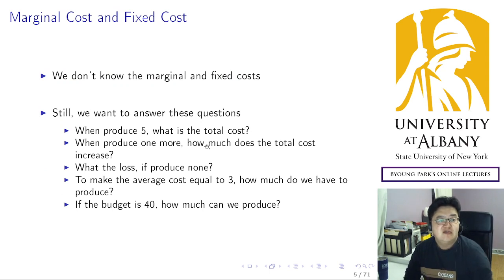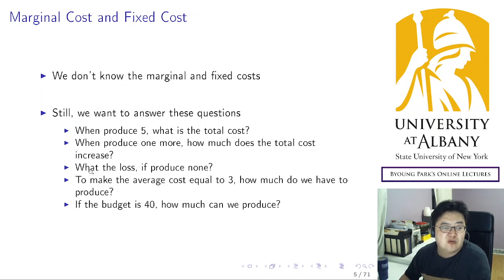Put it this way, we don't know. Even if you are the CEO, you may not know the marginal cost and fixed cost, but you still have to answer those questions. When you produce 5 pizzas, what is the total cost? When you produce one more, how much does total cost increase?